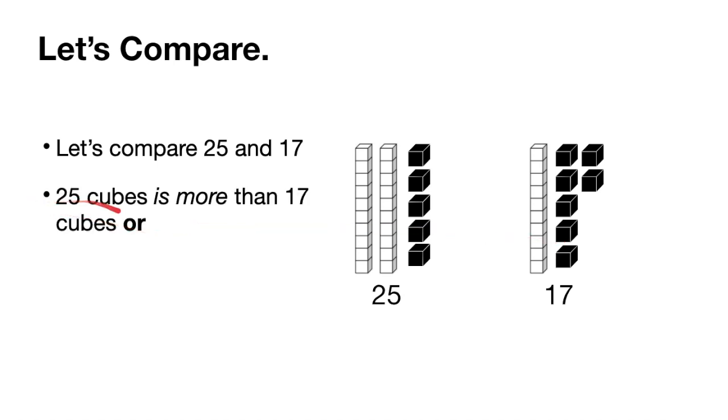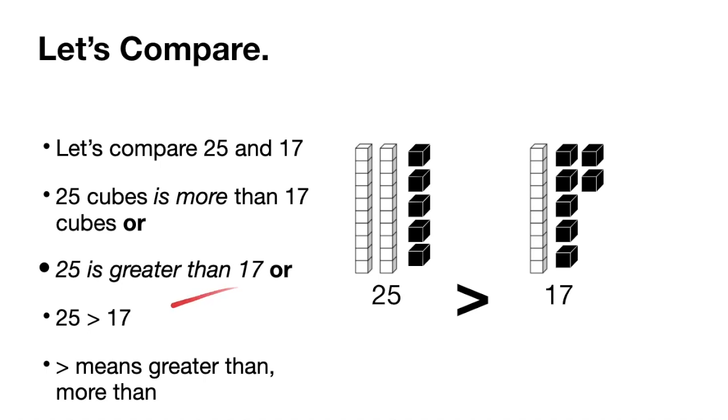So we know that 25 cubes is more than 17 cubes, or another way to say that would be 25 is greater than 17, or the way to write that with a symbol, instead of writing out all of this, you would say 25 is greater than 17. It's eating that bigger number.